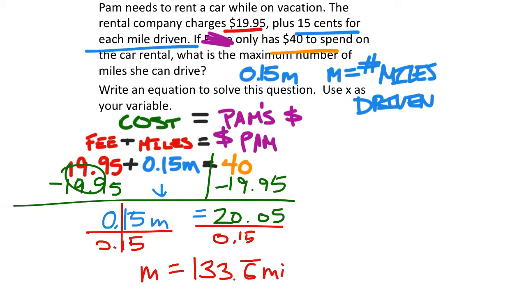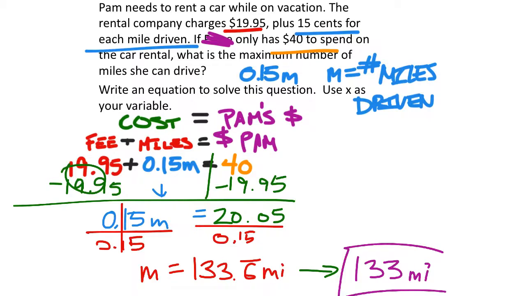So in this case, they would charge her for 134 miles, which then becomes more than the $40. Which means that even though this rounded up would round up to 134, the actual answer ends up being 133 miles. She can drive a maximum of 133 miles and still be within her $40 budget.